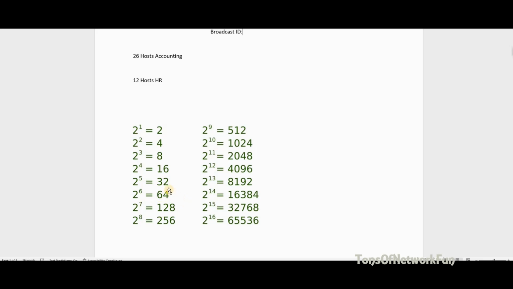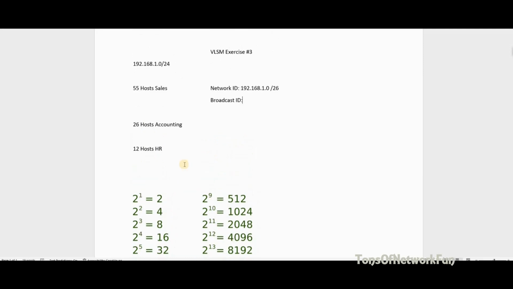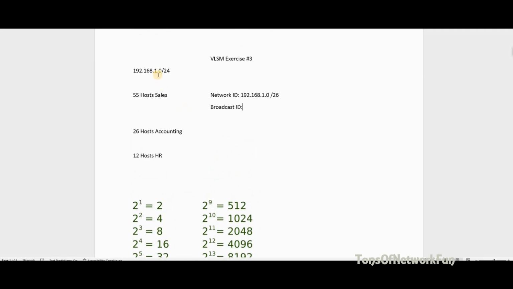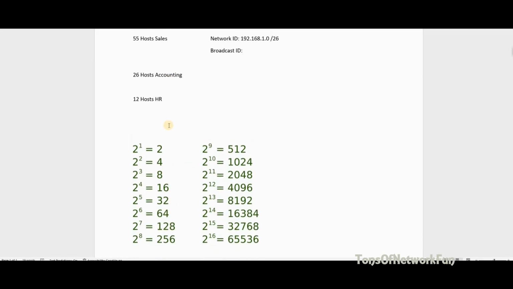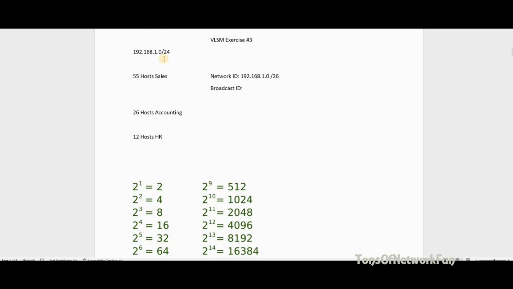So we can go until 63, which means 63 is going to be our broadcast ID. So we start at 1.0. If we increment by 64, that's 1.64, but that's not correct. We need to minus 1, which means 1.63 will be our broadcast ID. 1.64 becomes our next subnet ID, which we are going to work for the 26 hosts. You will see that in just a second.